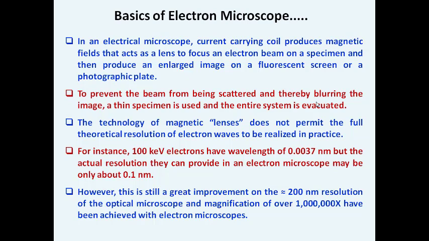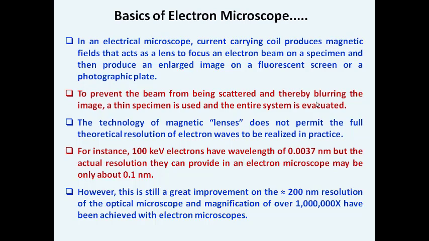Then think about the case that the technology of magnetic lenses does not permit the full theoretical resolution of electron waves to be realized in practice. For example, if we utilize 100 kilo electron volt electrons having a wavelength of 0.037 nanometer, the actual resolution we can expect is around 0.1 nanometer.